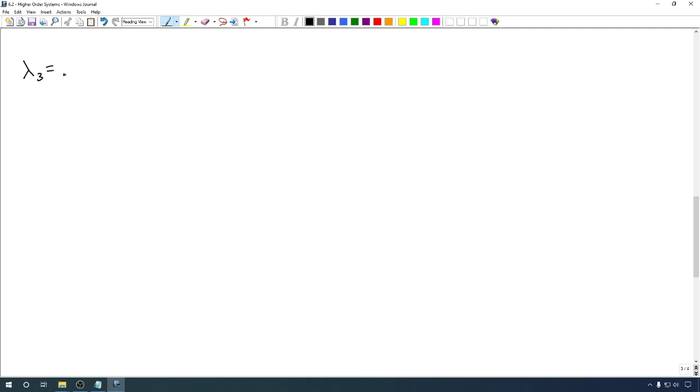Now lambda 3, this is going to be our 2. We subtract 2 from each of our diagonal elements. So we have a -2 there. We saw these ones are the same. We have a 0, -2, and then these are going to be the same as well. Sorry.